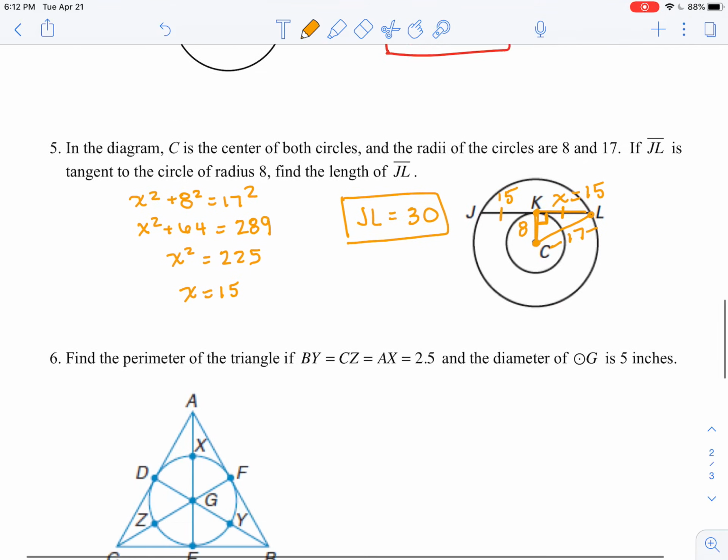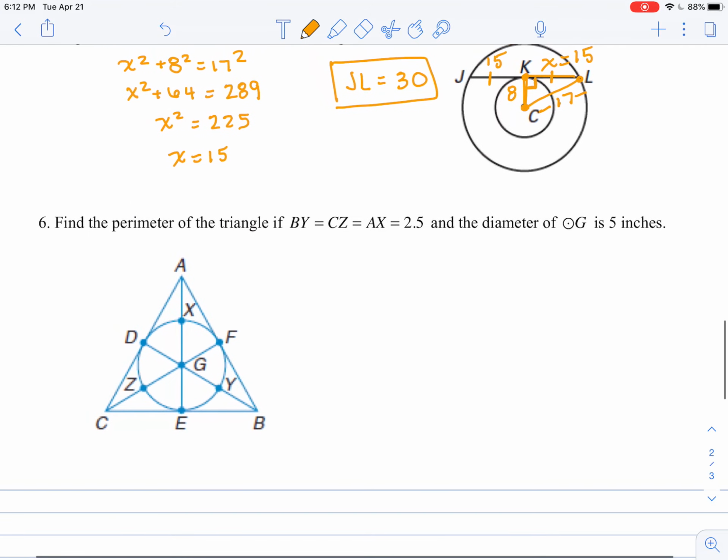And in the very last question, it says find the perimeter of the triangle if BY, CZ, and AX are all 2.5 units, and the diameter of circle G is 5 inches. If the diameter of the circle is 5 inches, all of its radii must be 2.5 inches.